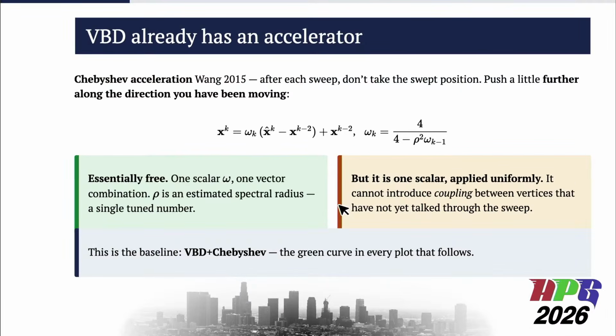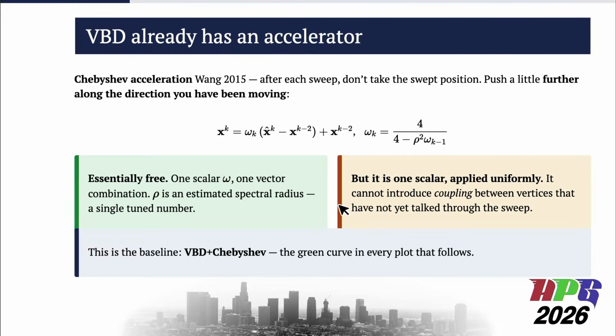The original paper is already built with an accelerator, which is Chebyshev acceleration. Basically, it maintains the momentum of each vertex, which helps VBD converge better.